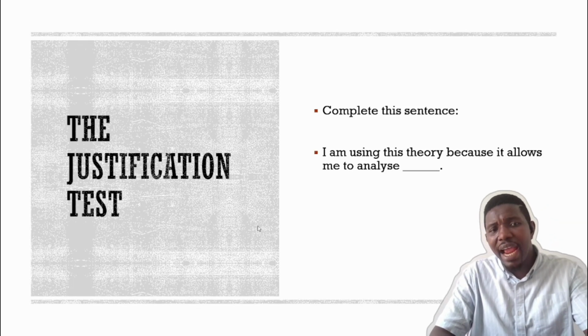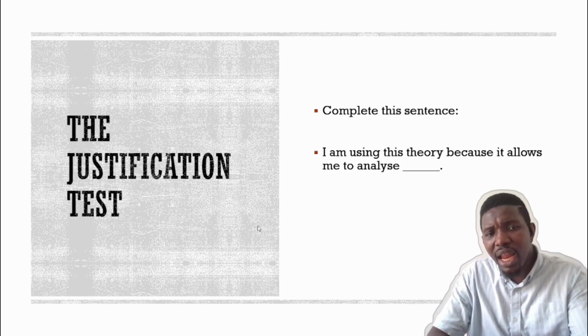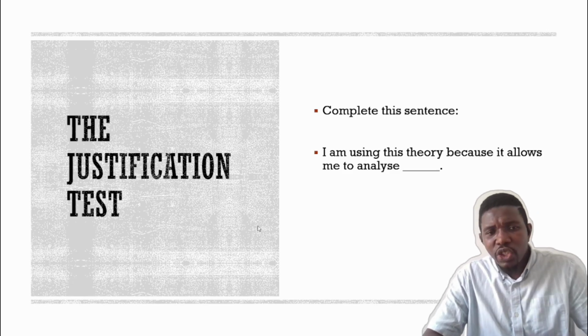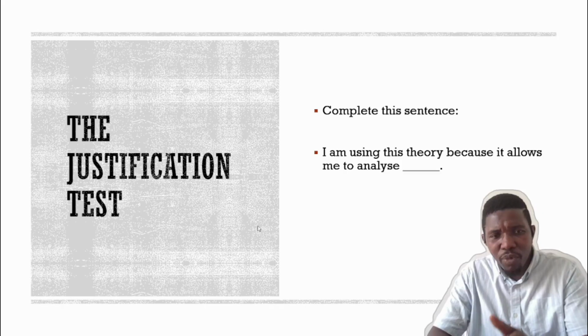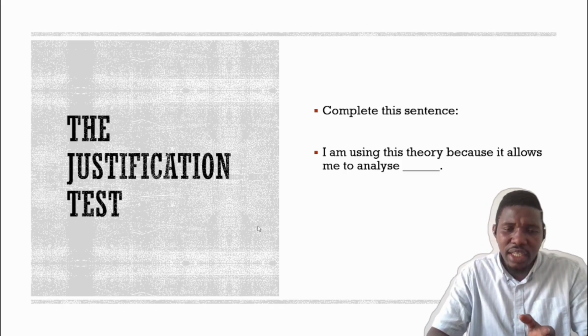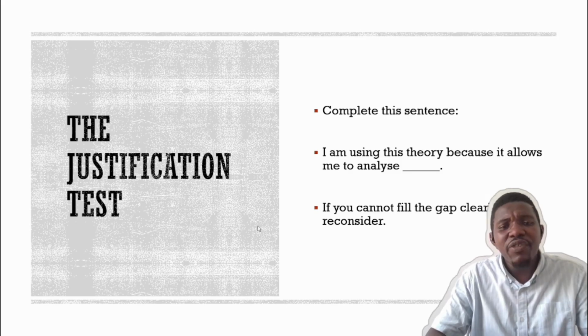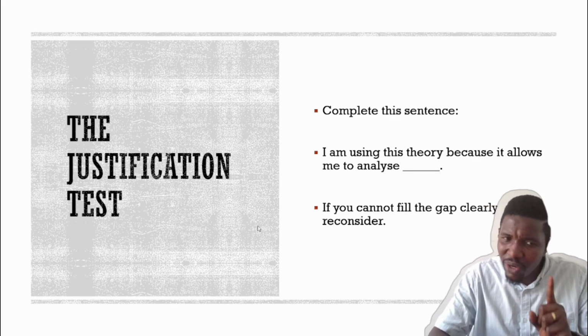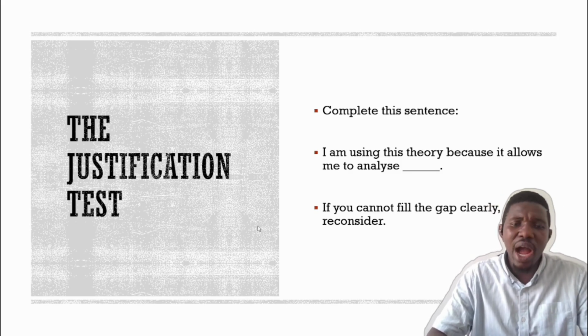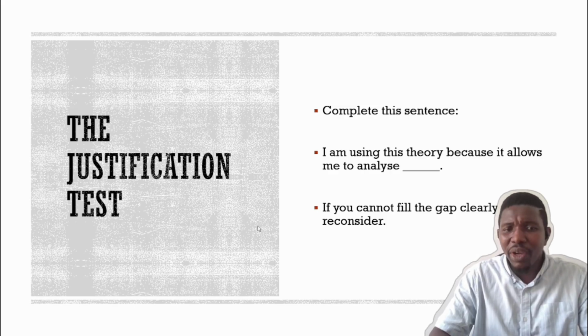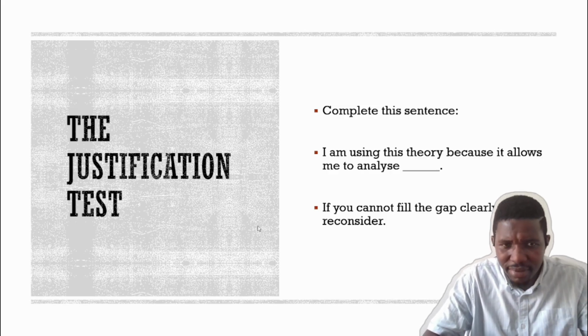Complete this sentence: I am using this theory because it allows me to dash. If you are able to fill in this gap with very good reasoning, then you are very close to the promised land. If you cannot fill the gap clearly, you have to reconsider, because it just must make sense.